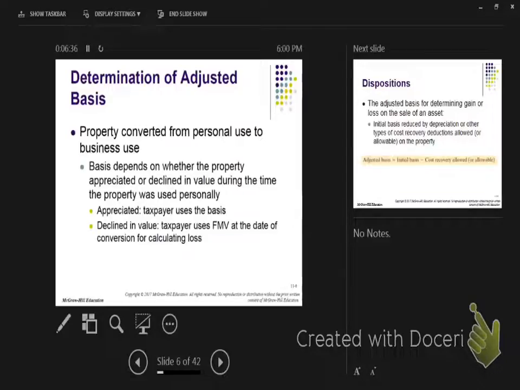All right. If it's appreciated, meaning it's gone up in value since we bought it, then we're going to use our basis. So what did I buy it at? Let's say we're going to use a building that used to be our house, and it's now going to be our place of business.